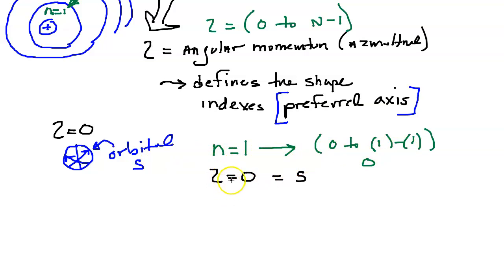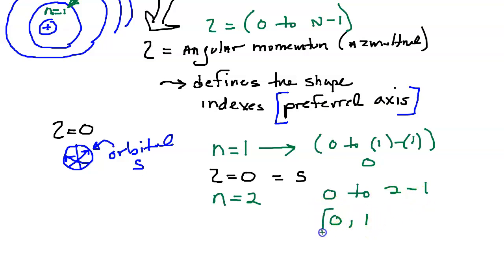Let's go through these. Now let's pretend we have n equals 2. So let's say we have electrons that are in the second energy level, the second principal energy level, that'd be the second row in the periodic table, like for fluorine. So when n equals 2, what possible types of three-dimensional orbitals do we have? We would go 0 to n minus 1, and we would have 2 minus 1, and that would give us 0 and a 1. 2 minus 1 is 1.